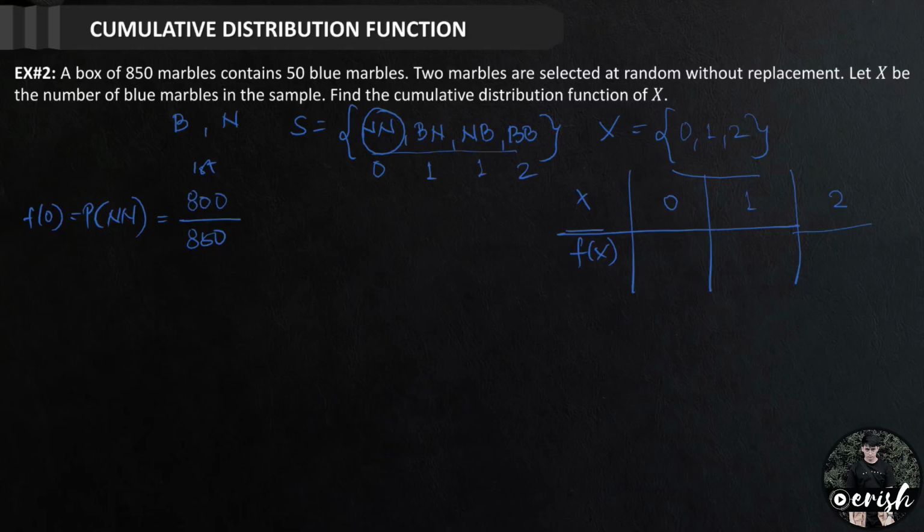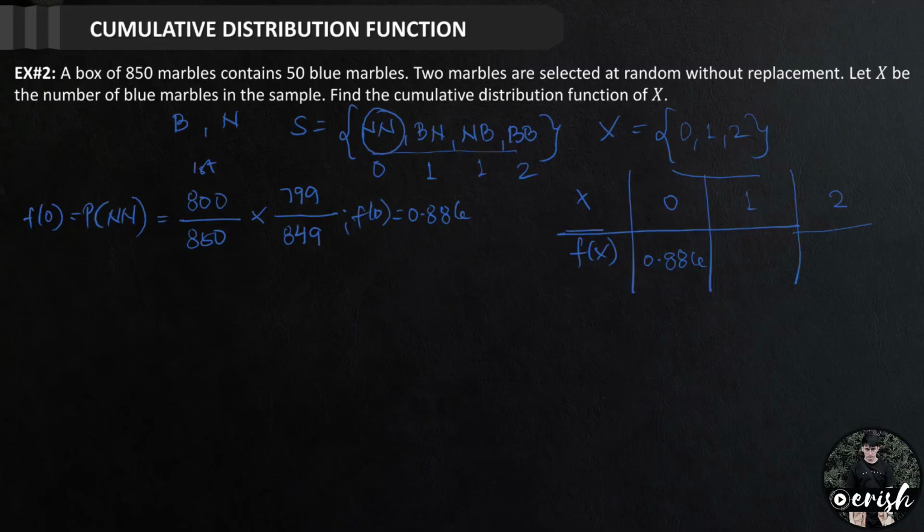Ito yung ating first selection. And since may pangalawa pang selection, we use the multiplication rule since N and N ang ating gagawin. Dito, since without replacement, nakapili na tayo ng isang hindi blue marble, this is a total of 849 na lang. And dito is 799 na lang. And ang magiging value for f of 0 is equal to 0.886. Ito ang ilalagay natin dito sa ating probability distribution.